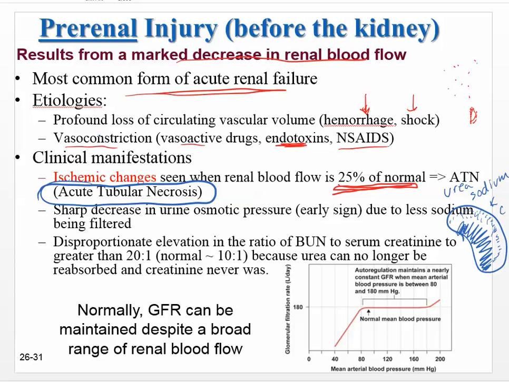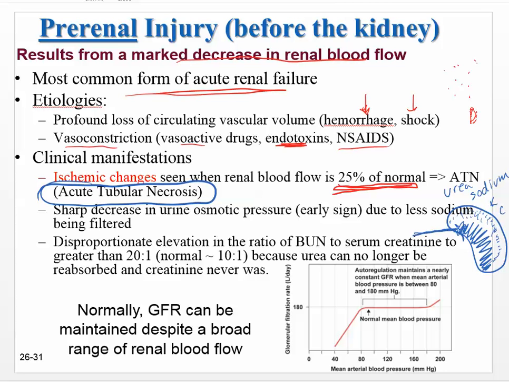Disproportionate elevation in the ratio of blood urea nitrogen to serum creatinine, because urea can no longer be reabsorbed and creatinine never was, and that's kind of true. The thing to remember is that urea is contributing to this concentration gradient.